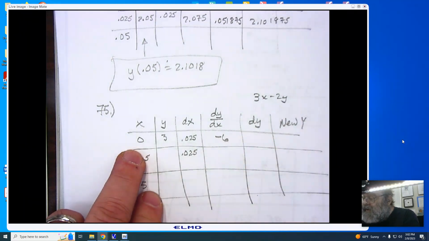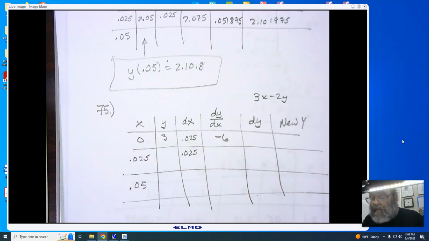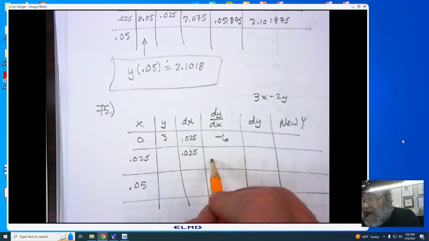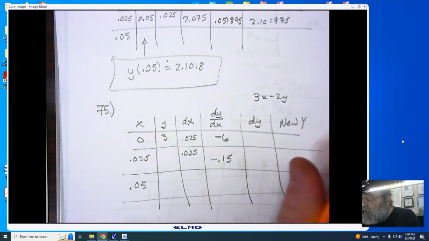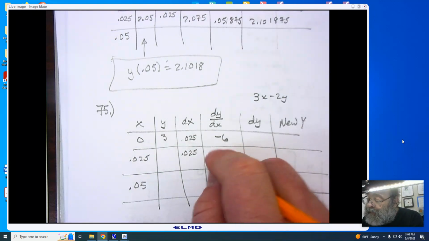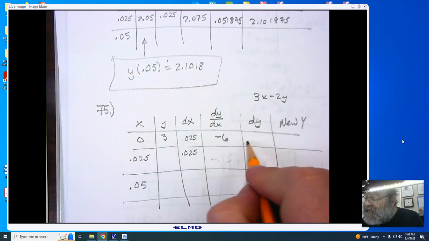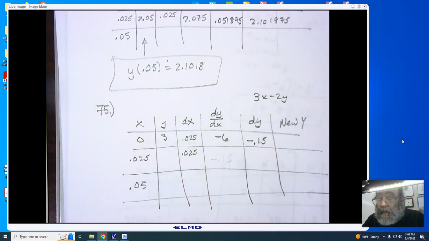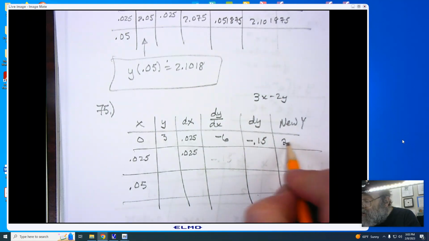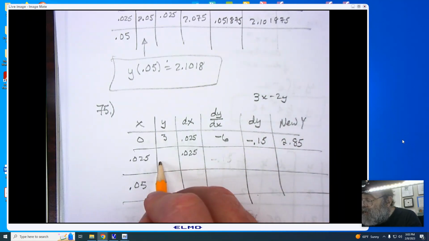We get a -6 when we plug in the 0 and the 3. So I have to multiply 0.025 times that -6, and I end up with a -0.15. Oops, wrong line. Now we're going to have to add that -0.15 to the 3, and you're going to end up with a 2.85, which goes in the next line.